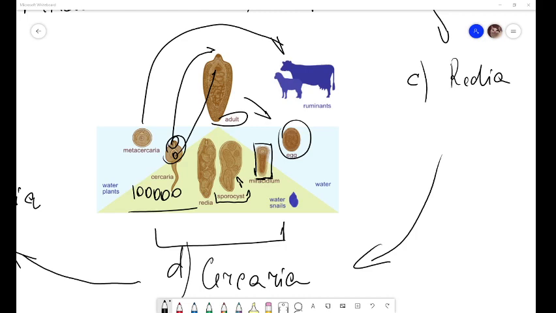Okay. And what is the pathogenicity of this disease? Heavy infection causes serious liver damage, or liver rot, as it's called too, due to pressure, toxic metabolic products, and the feeding habits of the worm.